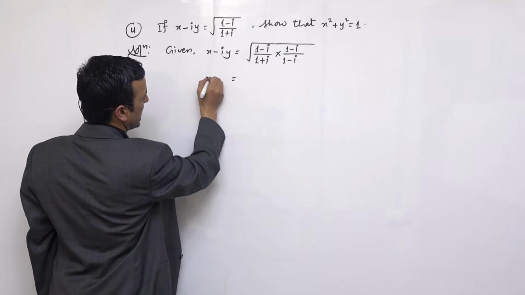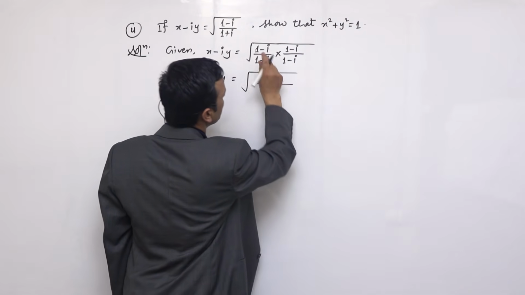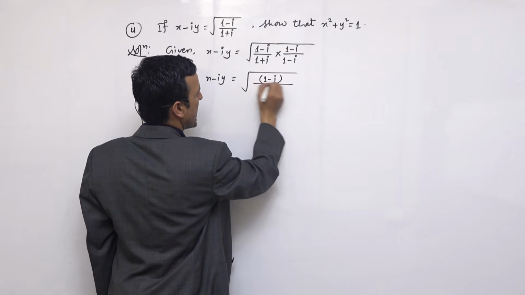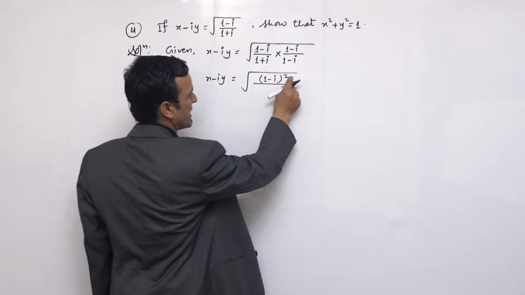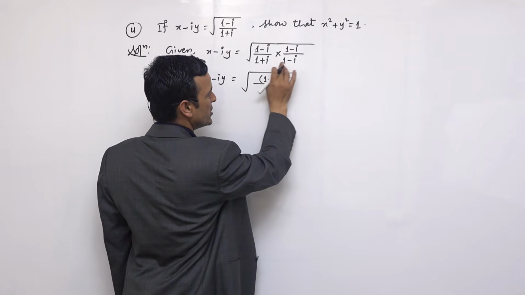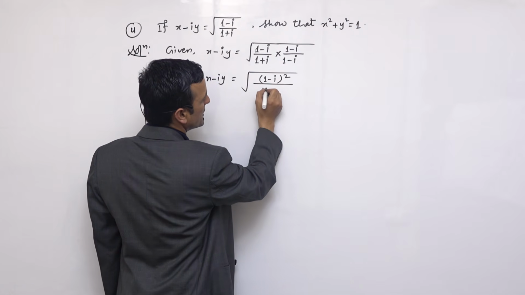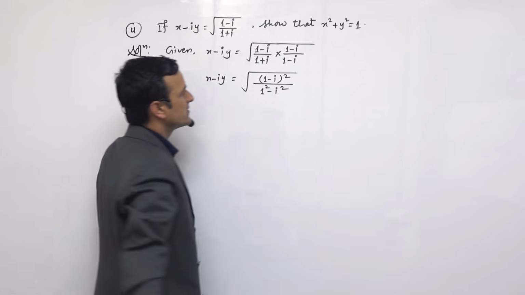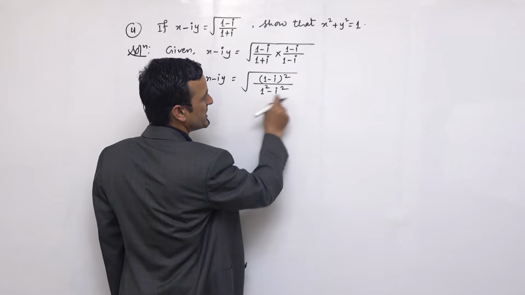If you multiply, after solving, numerator into numerator means it will be 1 minus i whole square, the same term repeated 2 times. And here is a plus b into a minus b, so it will be 1 square minus i square. This is the algebraic formula: a square minus b square.